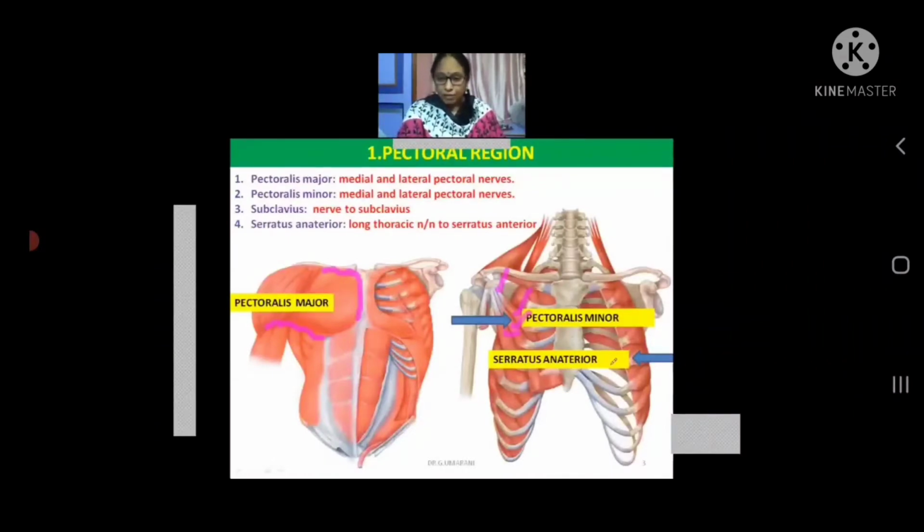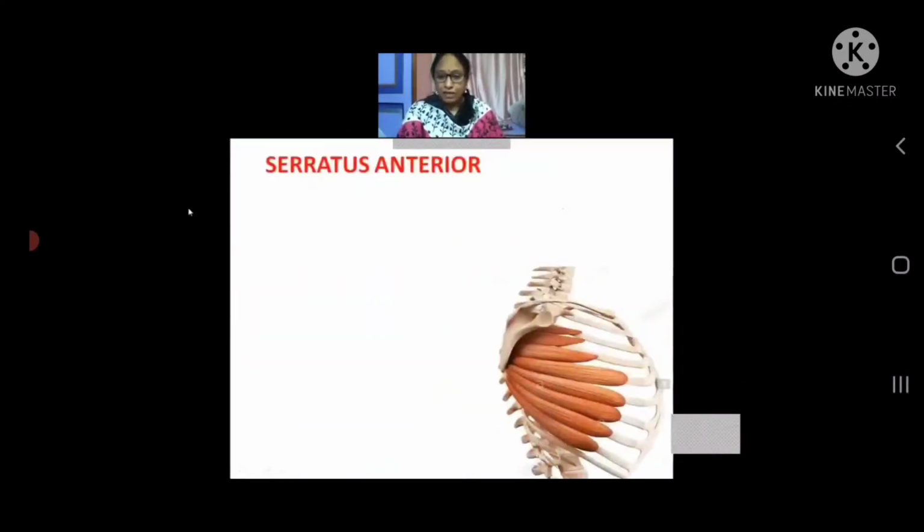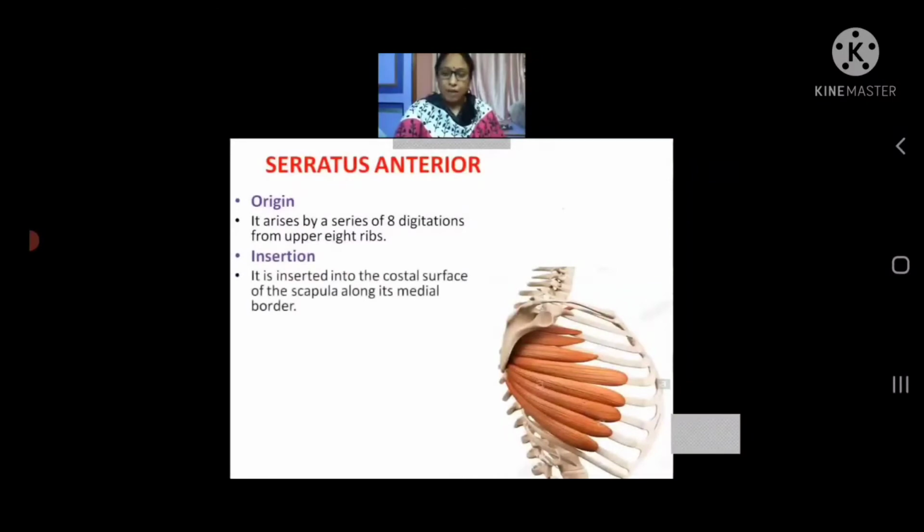One more muscle is the serratus anterior muscle, which looks like a saw. That's why it is known as serratus anterior. You can see here this muscle arising from a series of 8 digitations from the upper 8 ribs, and it is inserted to the costal surface of the scapula along the medial border.